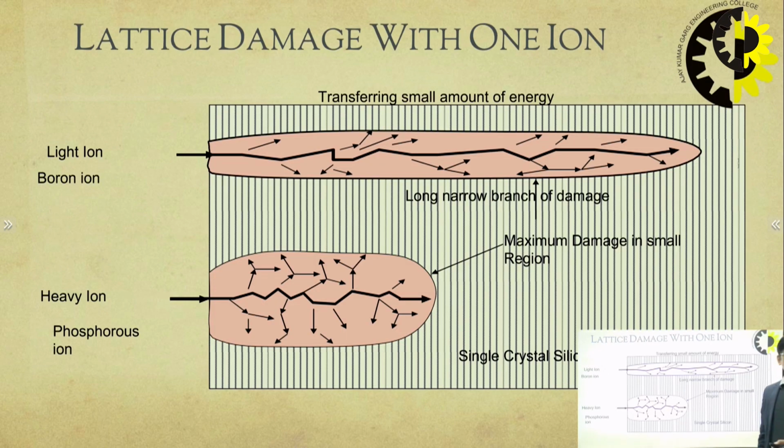Now this one is about lattice damage with one ion. We have taken an example of a lighter ion and a heavier ion.